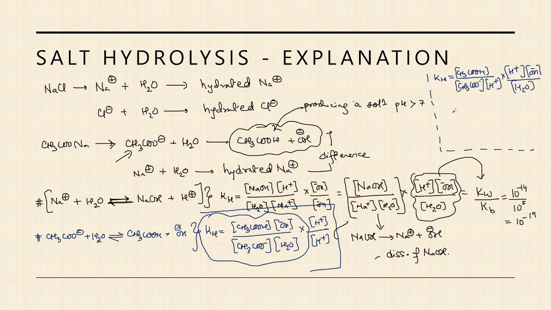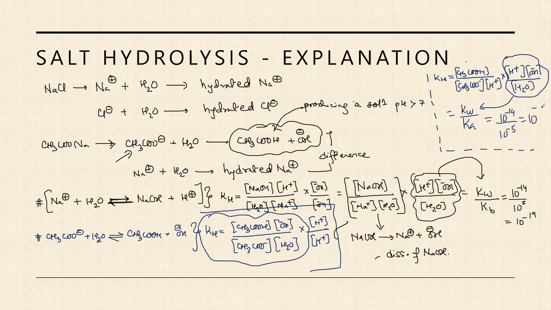Now how will this be written? I'll write the expression. This expression will be written like Kw, and this will be written as 1 upon Ka. Kw value is 10 raised to minus 14, and this Ka of acetic acid turns out to be 10 raised to minus 5.